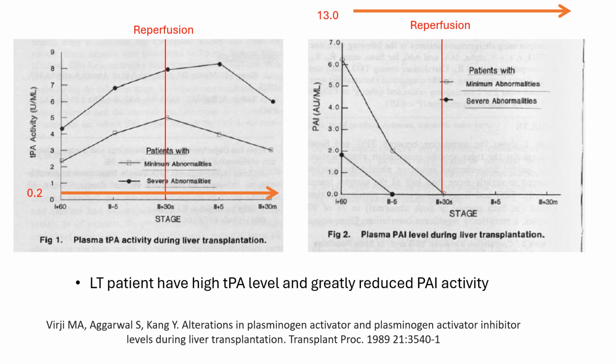Patients with even minimum abnormalities have almost a half-time lower activity of PAI, and patients who have severe abnormalities have almost 6 times lower level of PAI activity. This means the plasminogen activator inhibitor cannot inhibit TPA, leading to a more prone condition of fibrinolysis from TPA.